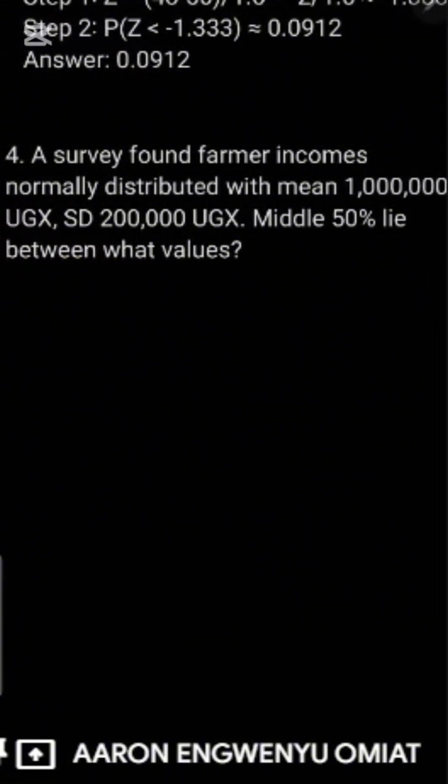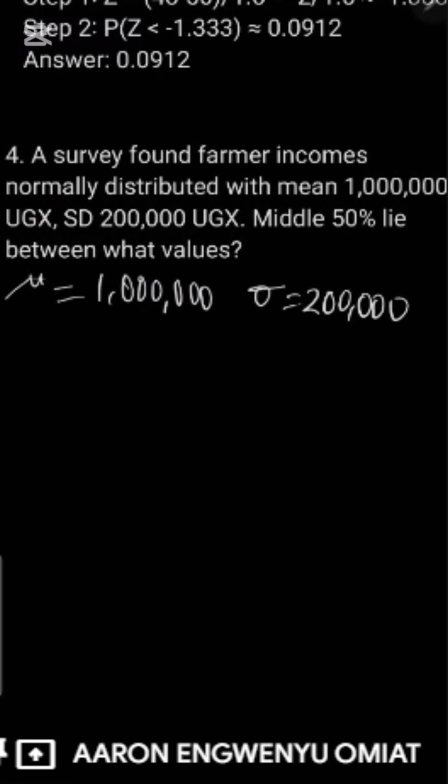We are given the mean and the standard deviation. What did you ask? What are we given and what are we finding?